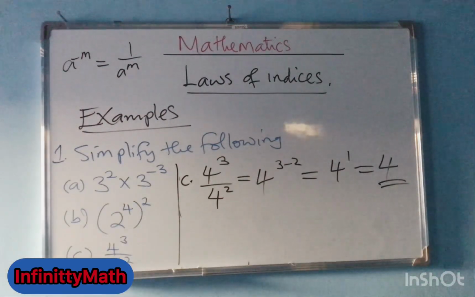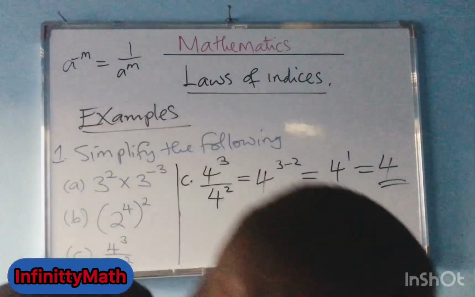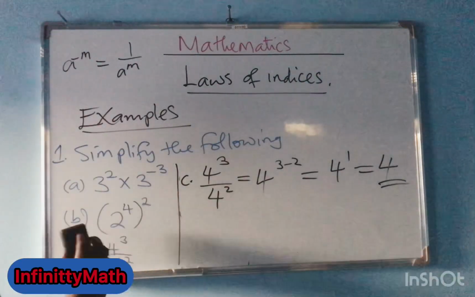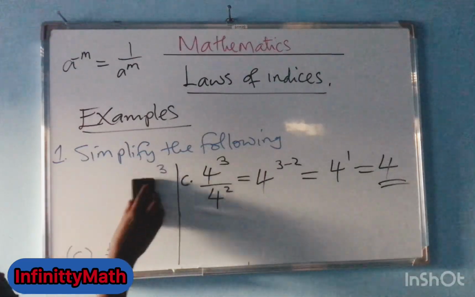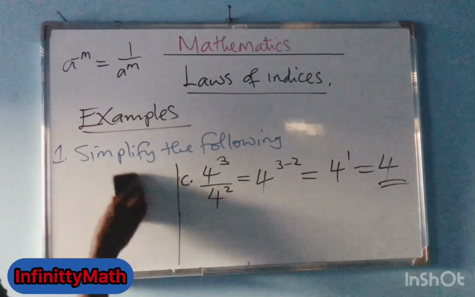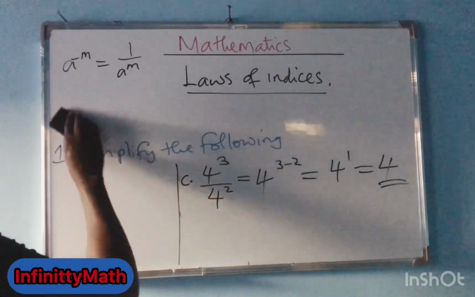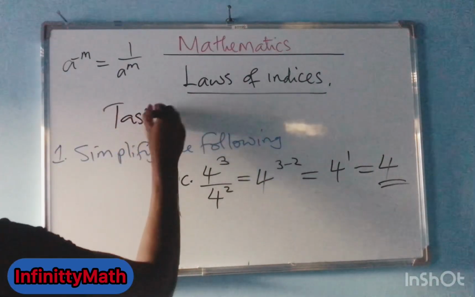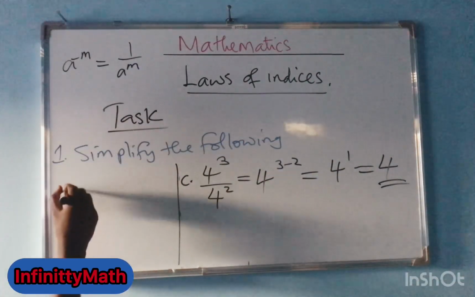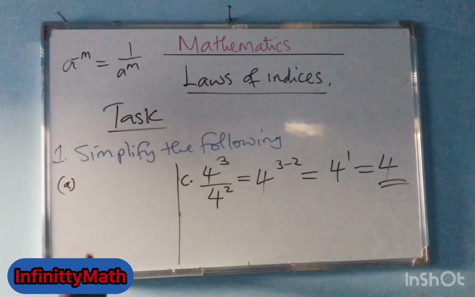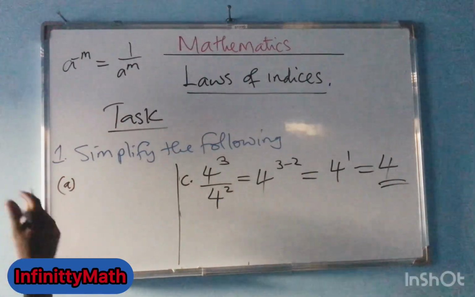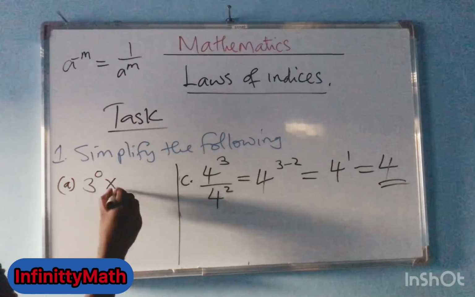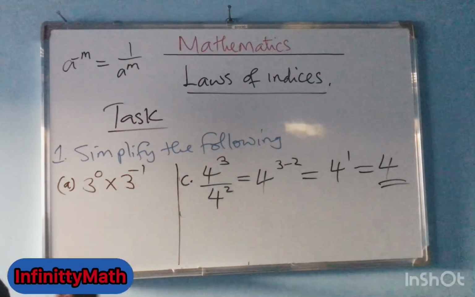How about I give you an exercise? Let me give an exercise that we can actually solve. I'll use this part here to give the exercise, and I'll wrap this part. Let me write exercise there, or task. Simplify the following. Part A, I want you to solve 3 to the power 0 multiplied by 3 to the power minus 1.